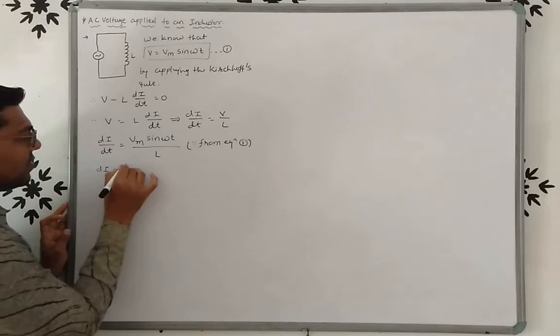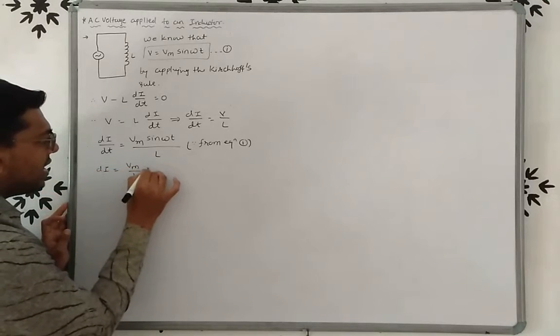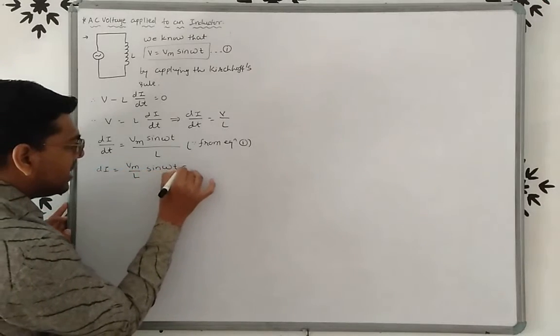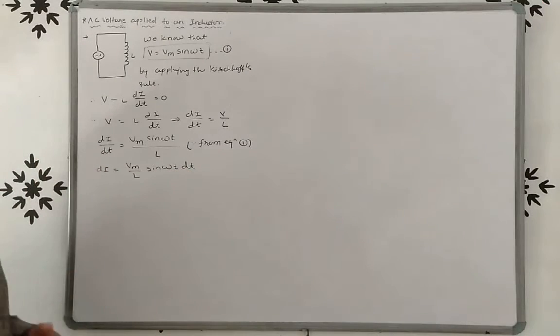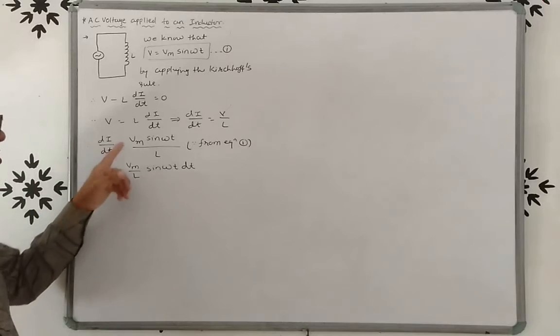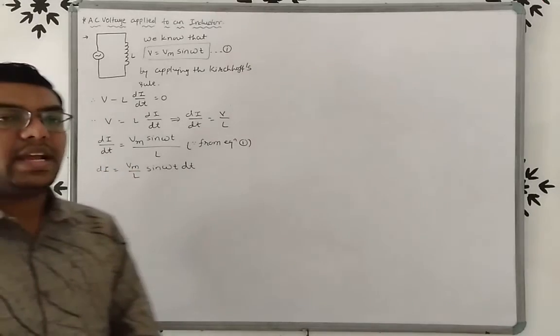So di is equal to Vm by L sin omega t dt, right?